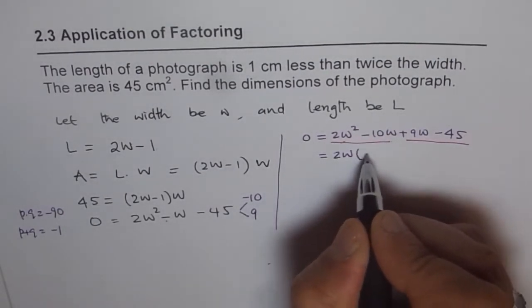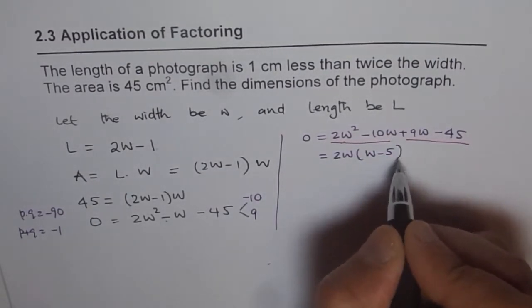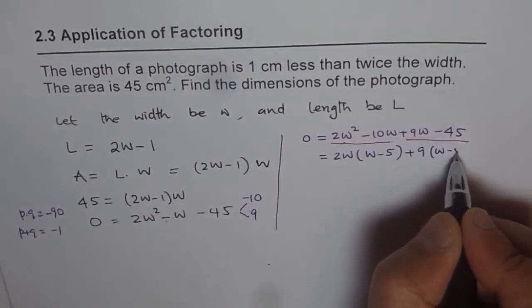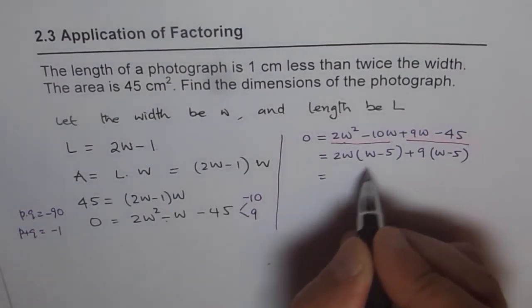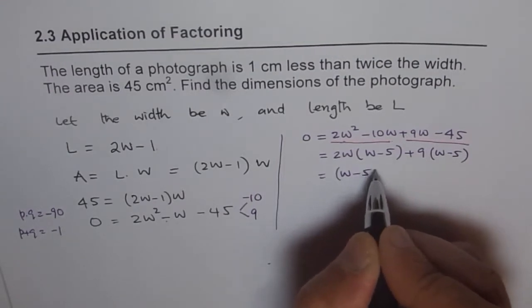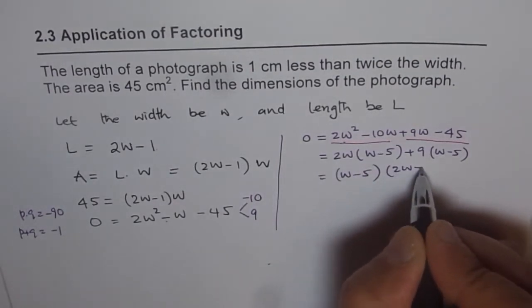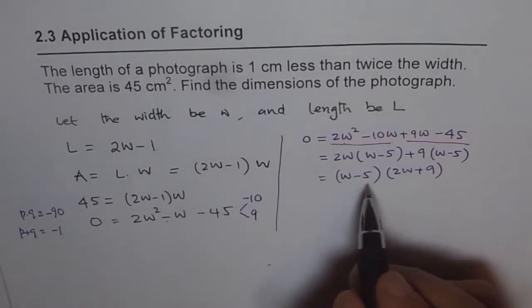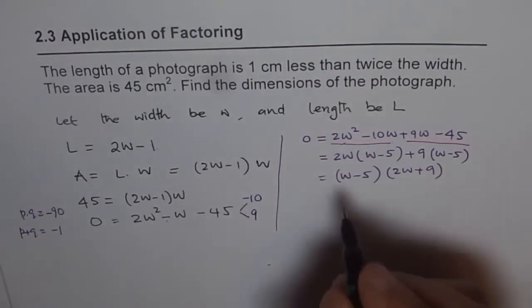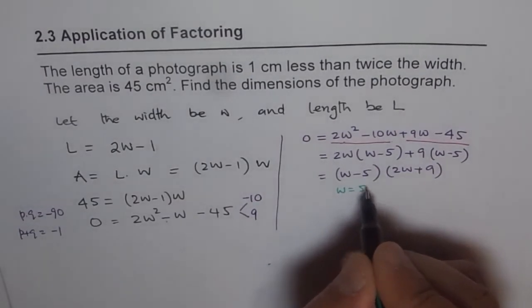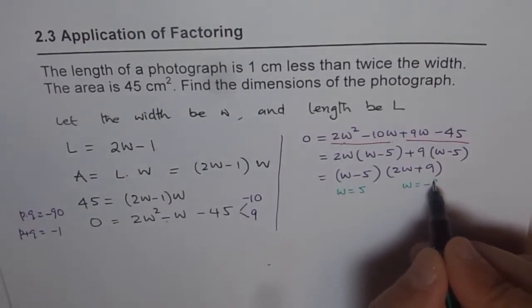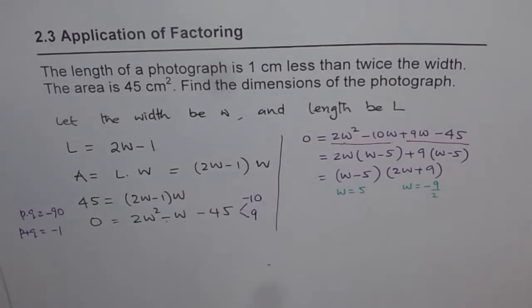So we get 2W times W minus 5, and here 9 is common, 9 times W minus 5. And now you can factor W minus 5, getting 2W plus 9 as the second factor. So from here you get two answers. One of the answers is W equals 5. The other one is W equals minus 9 over 2, right? That will make it 0.